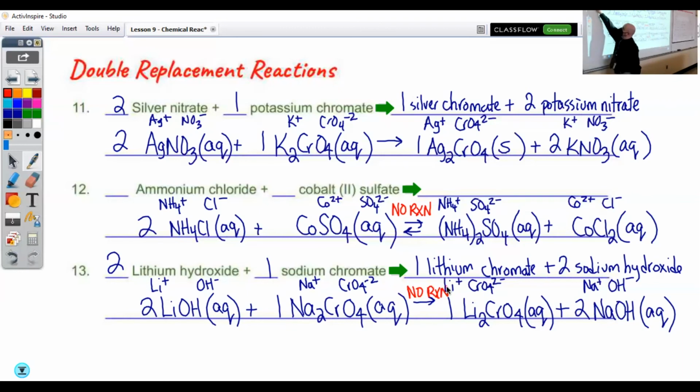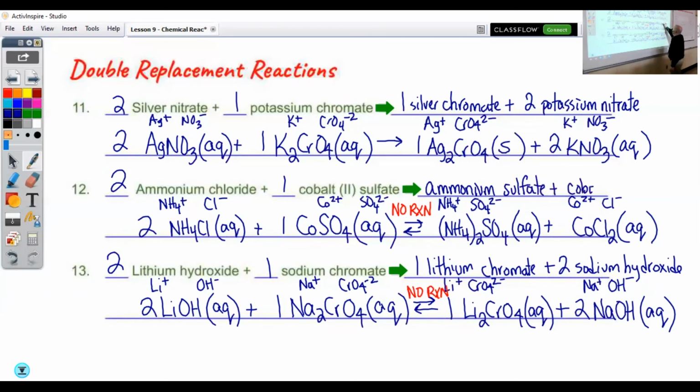So often I'll tell students to draw the arrow going both ways, basically indicating that nothing is happening. Just for the purpose of being complete, let me add in our coefficients here. We'll finish off this part. So we have ammonium sulfate and cobalt 2 chloride.